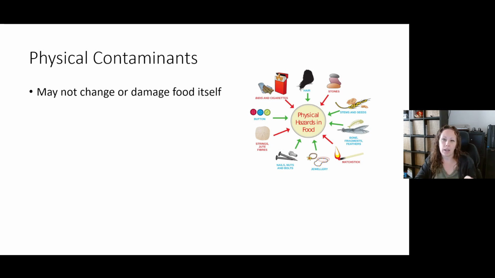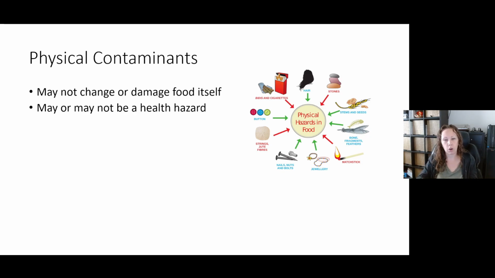So it may not actually be harmful, but it may or may not be a health hazard, right? Hair in food, especially if the hair got in the food and then it was cooked, is not actually a health hazard. It's been cooked. It's not going to harm you, but there's an ick factor, right? And you don't want it in the food. It is still a physical contaminant.